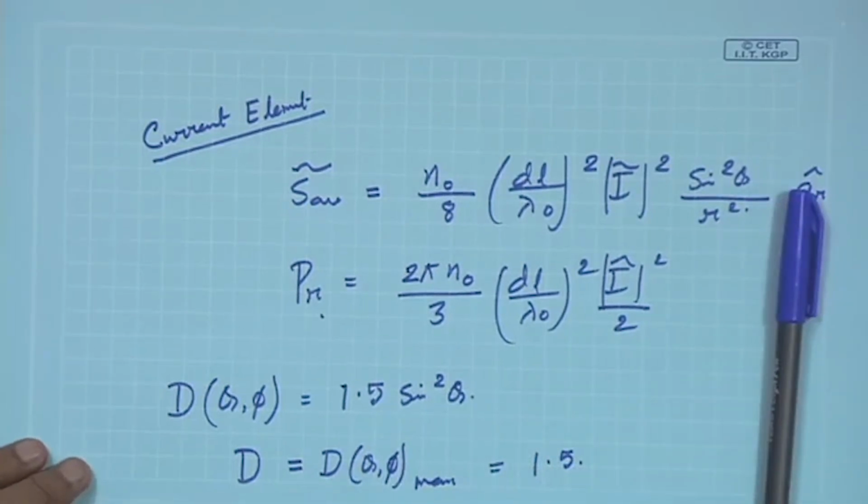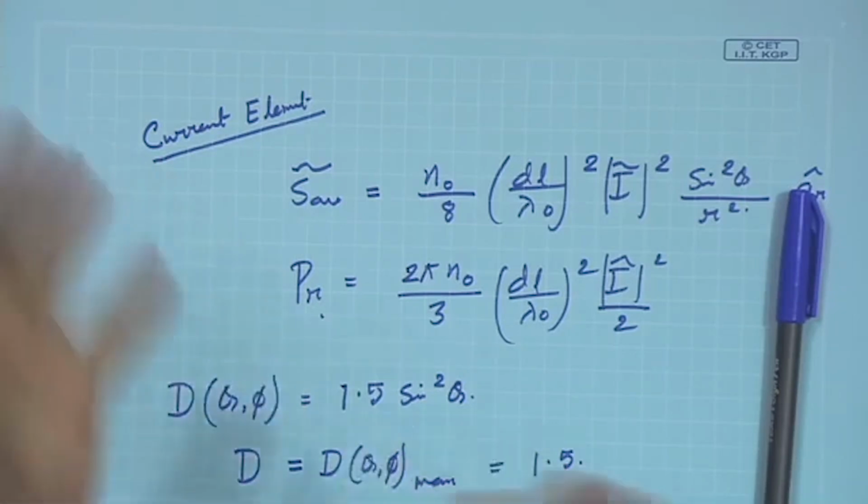So, the maximum directivity of a current element, it is not very good, but it is not an omni. We have seen that it focuses the power in the broadside direction. So, how much more than an omni? It is 1.5 times the omni and occurs at theta is equal to pi by 2 direction. So, maximum directivity is often referred as simply directivity.